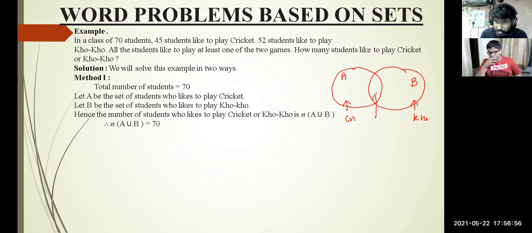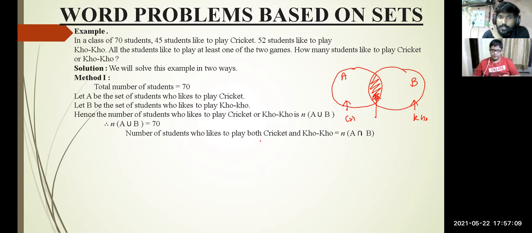Then what will this be? People who like to play both. So the number of students who like to play both cricket and Coco is N of A intersection B. This you have to find out.